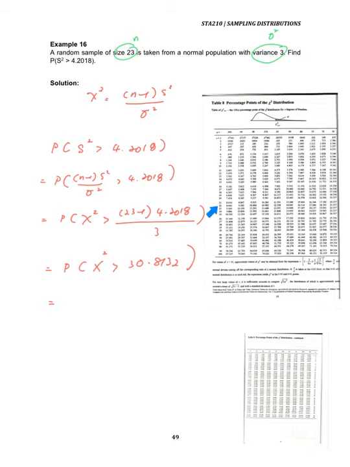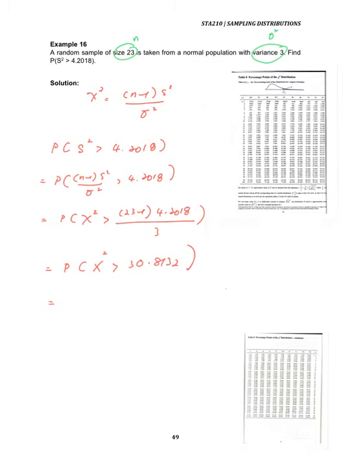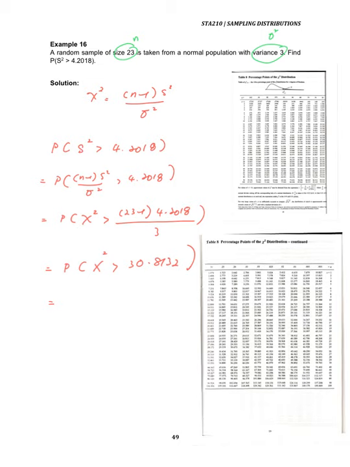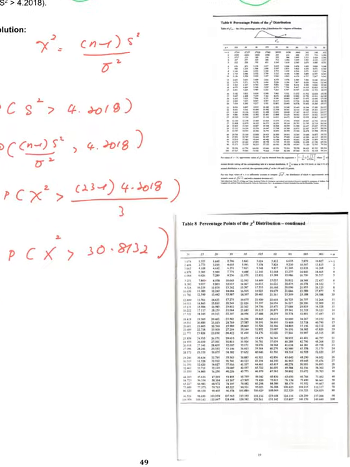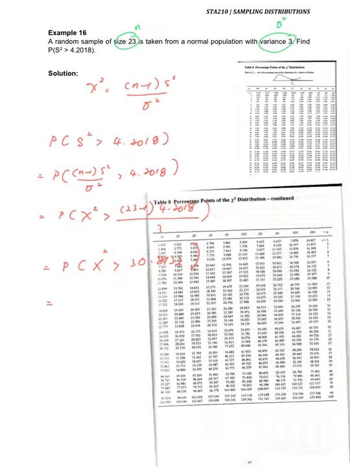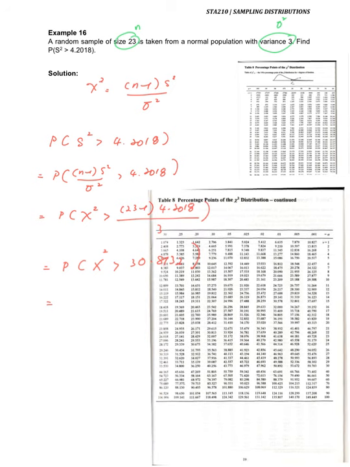Tak ada kan kat sini. Kalau tak ada, kita tengok dekat page sebelah. Okay, V dia 22, sebab 23 minus 1. 22 is here, and then kita cari 30.8132. So the value is here. Kita dah dapat dah.